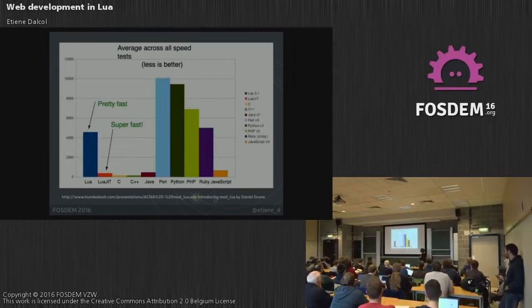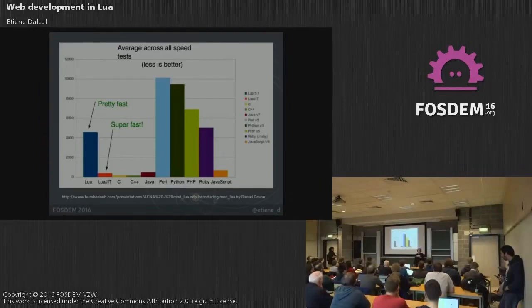So here you see a speed comparison of Lua and many other programming languages, and you can see that it performs better than other popular ones. And LuaJIT, which is a special implementation of Lua, is even better than JavaScript, faster than JavaScript V8. So it's really nice.